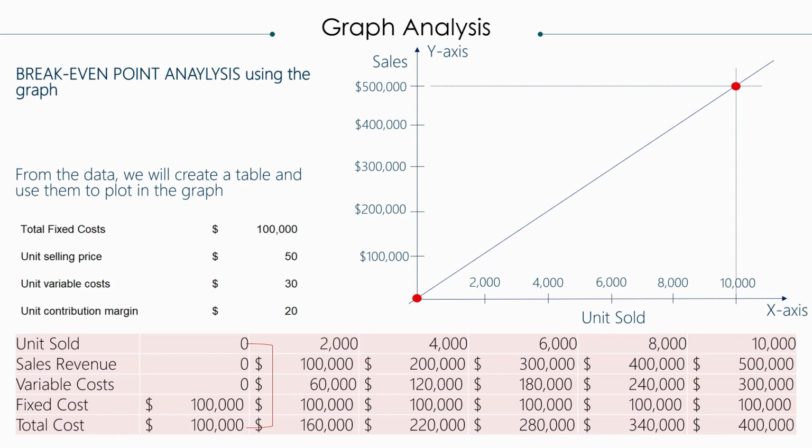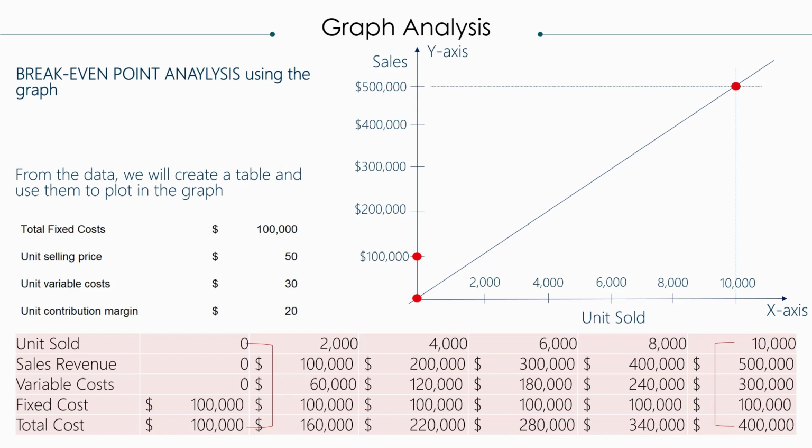Of course, when you start the business, the fixed cost will be present even if there's not yet a sales revenue offered. So I will use the 0 and then 100,000 total cost. And you can see in the vertical axis there's a red dot representing the 0 units sold and 100,000 total cost.